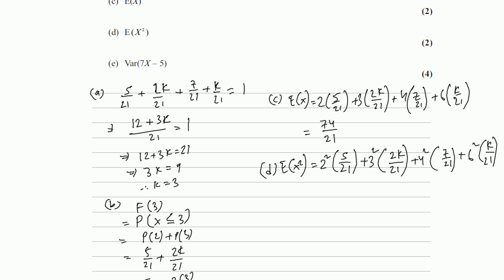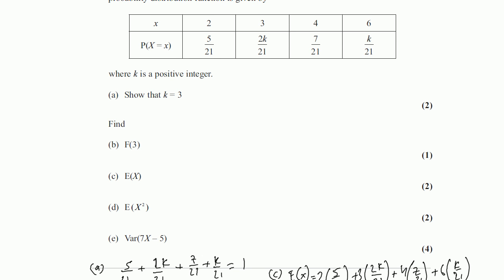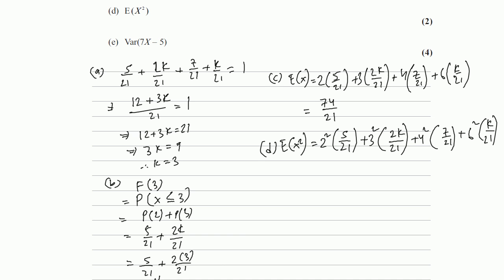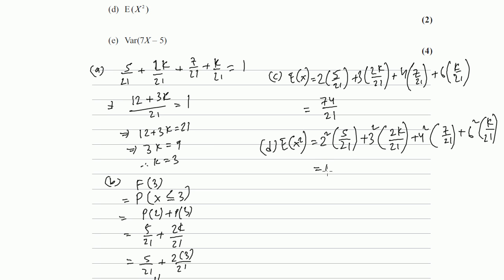So let me check. You add all these things up, put the value of k equals 3, and you get 14. Now question number E is find the coding of this variance.